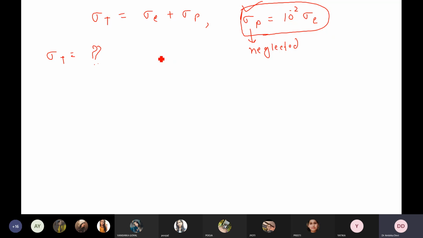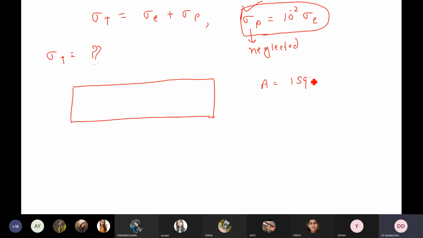Okay, so in order to find the expression for thermal conductivity, consider a copper conductor in the form of a rod of uniform cross section area, maybe 1 square meter. Let us assume that a thermal gradient is established in this rod.